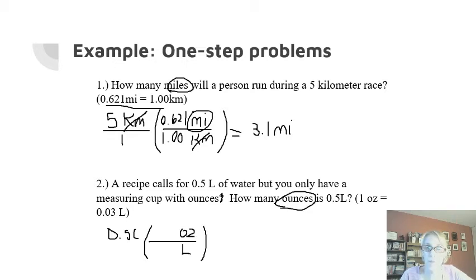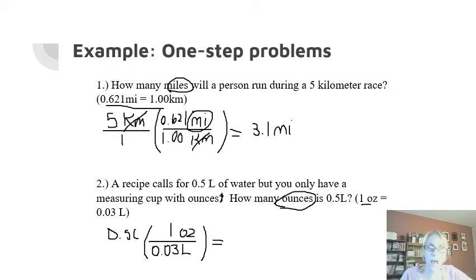And now my conversion factor that I'm given is 1 ounce equals 0.03 liters. So do you see how I'm just converting the conversion factor to a fraction? So the 0.03 always has to be with the liter unit, and the 1 has to be with the ounce. So no matter how you do this, you keep your number and unit together, okay?